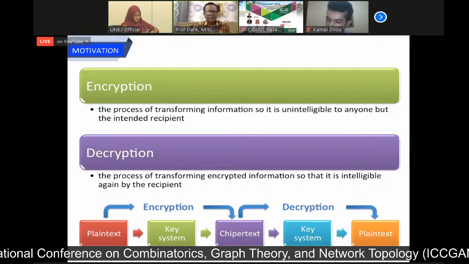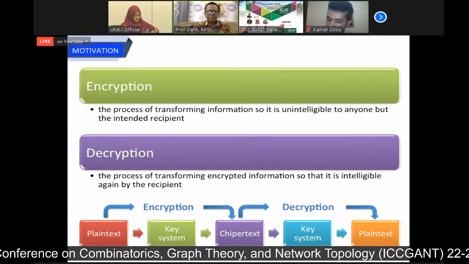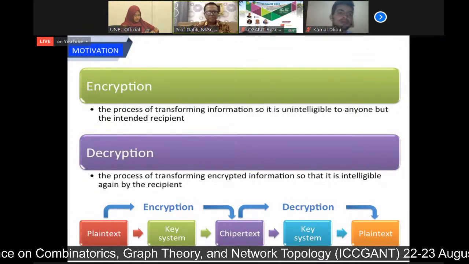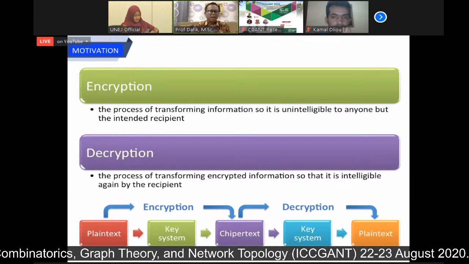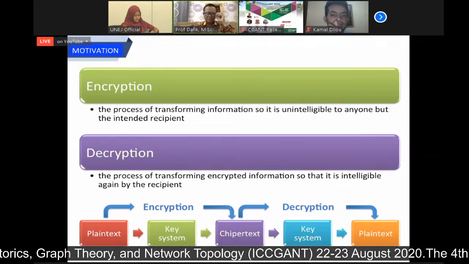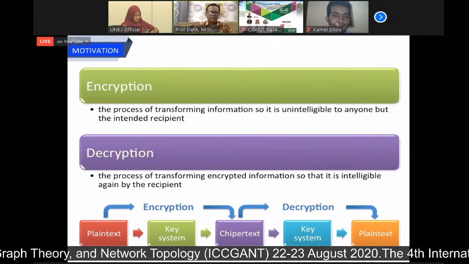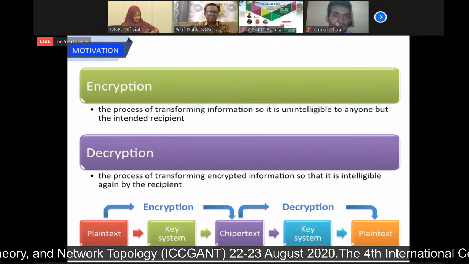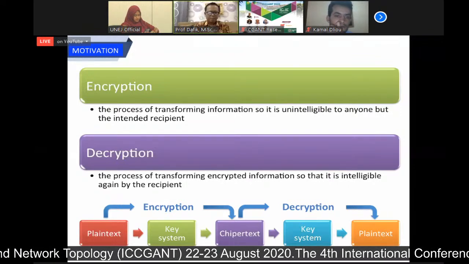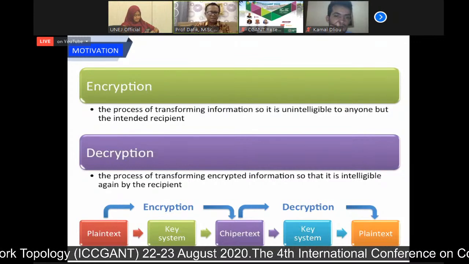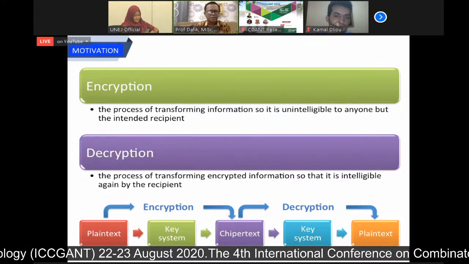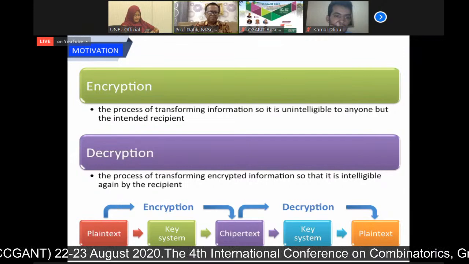This is the process of decryption, ciphertext to plaintext, where we also need a key system. So the cycle from plaintext to ciphertext, and ciphertext to plaintext, is actually the process of a crypto system.